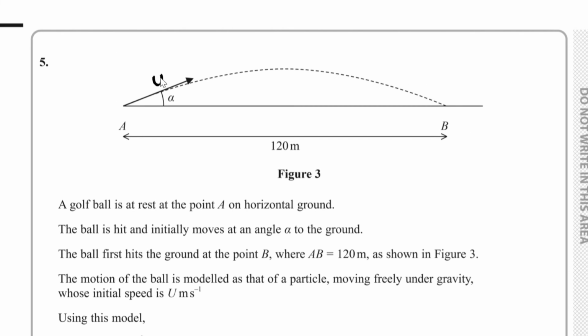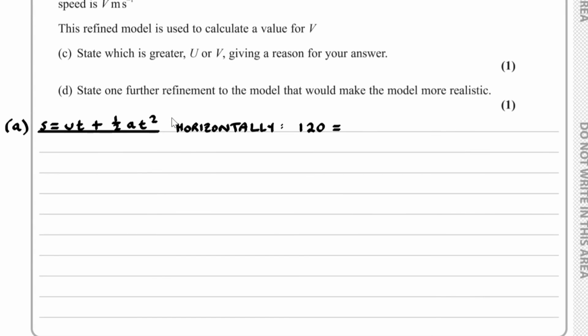Well, if it sets off with u, then the horizontal component of that will be u cos alpha, and then we multiply this by t, and then a half at squared. Well, horizontally there's no acceleration. Now at this point we can rearrange for t.